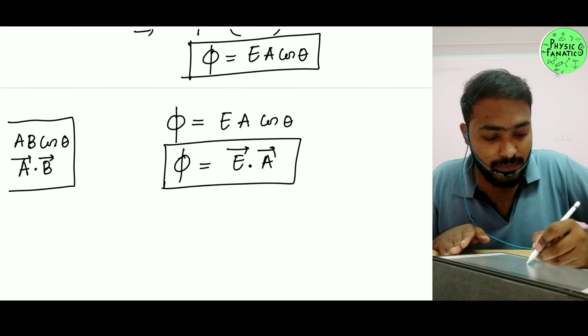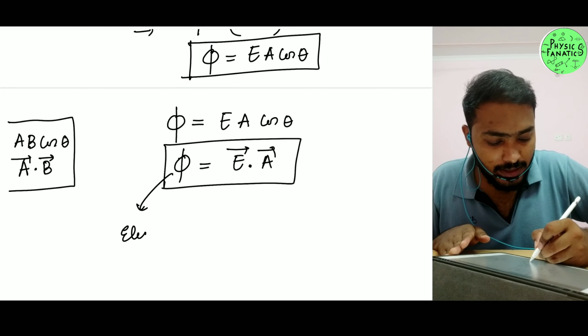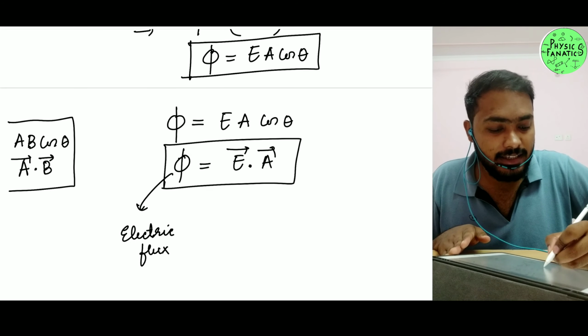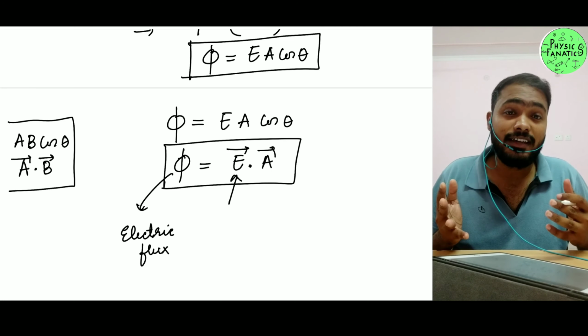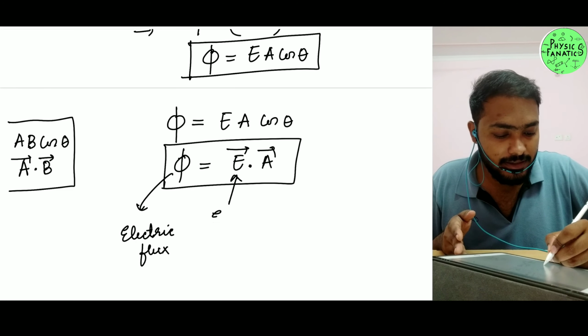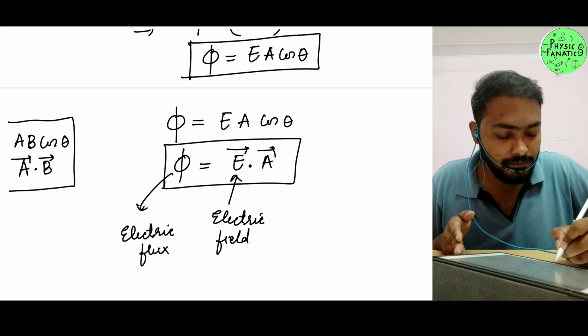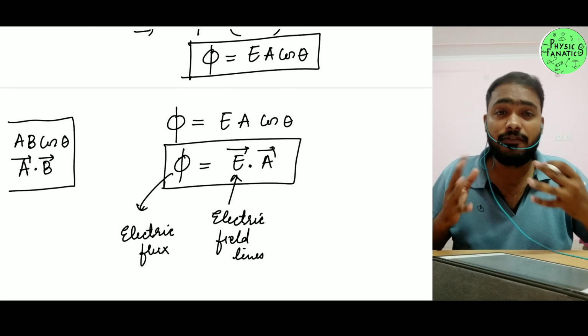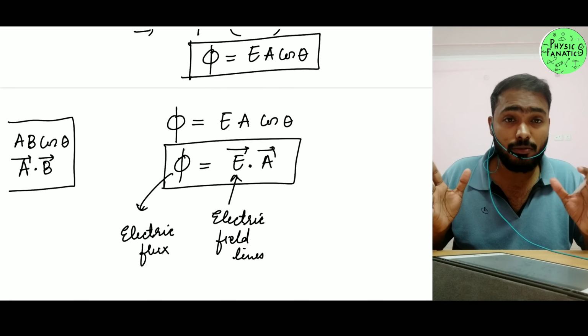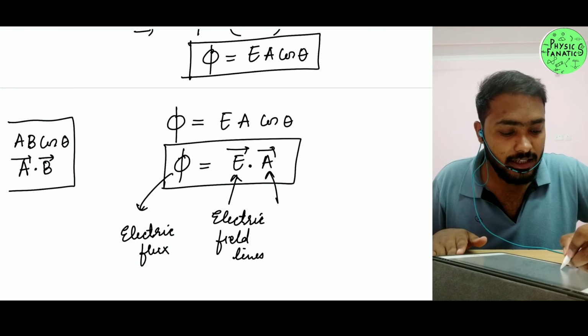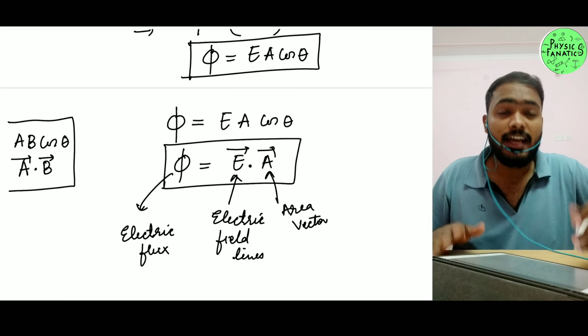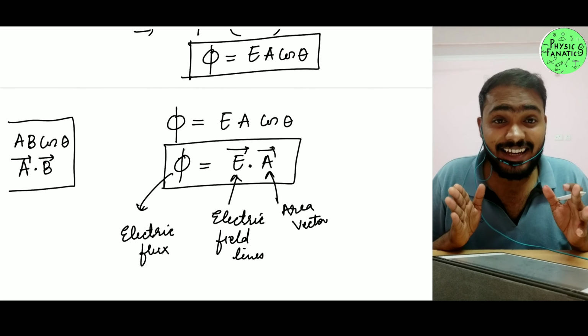Phi is my electric flux, and E is the electric field. Basically electric field lines or electric field, we are talking about the same thing. And A is the area vector. Phi is a scalar quantity.